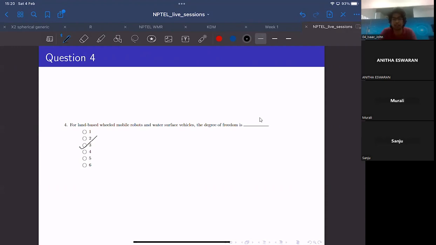So what is the definition of degrees of freedom?